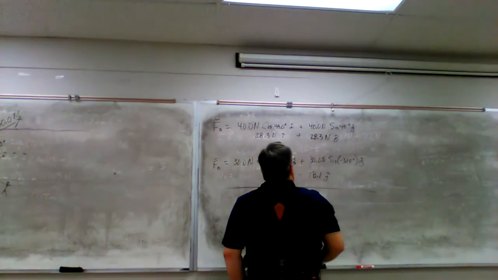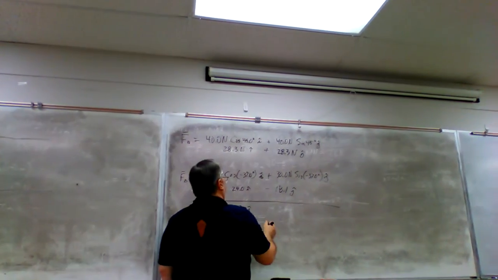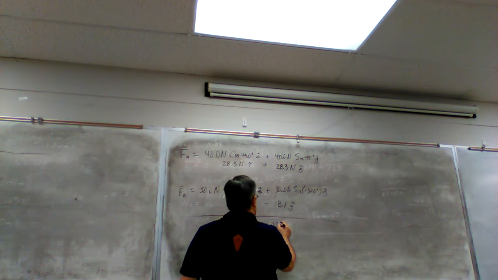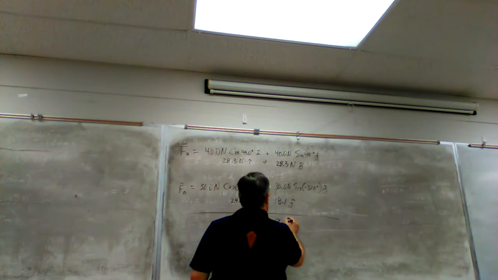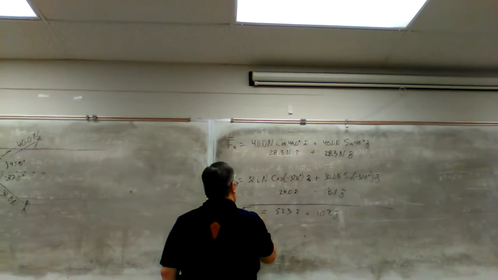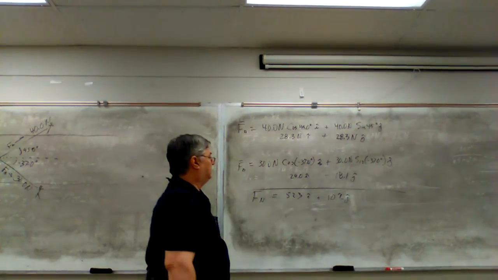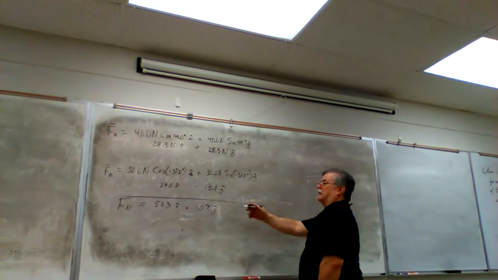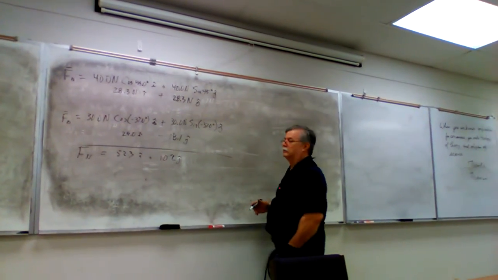Now, what's 28.3 minus 18.1? 10.2 j. That is the net force that they are pulling. Convert that back into polar coordinates.